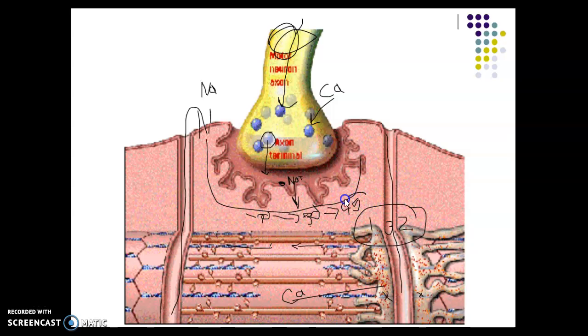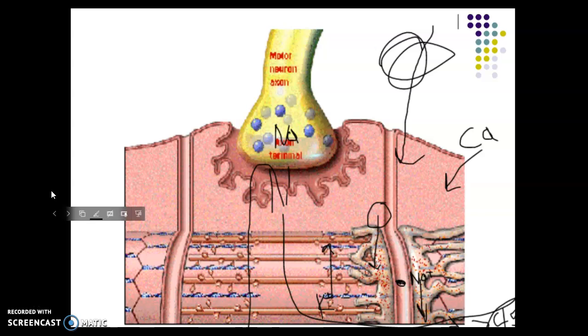And then this positive 45 is going to cause voltage-gated potassium channels to open, and potassium is going to rush out of the cell, and potassium ions have a positive charge on them, and that is going to repolarize the cell. So we're going from polarized to depolarized to repolarized.